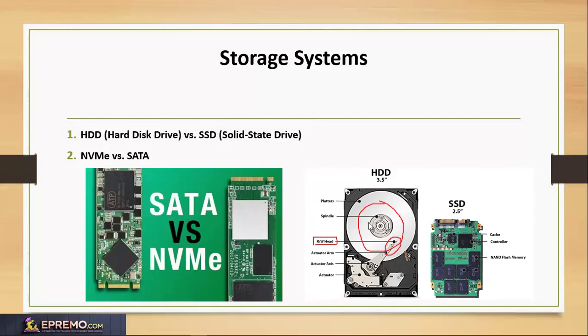But if you are trying to upgrade your old system that uses an HDD, it's easier to upgrade using a SATA SSD, because the port will be the same as that of the HDD and you can easily plug it in, right? That is why it works with almost all computers and it is universal for what? SSD upgrades. Then the use cases: it is good for general computing, boot drives, and budget SSD upgrades when extreme speed isn't necessary. Then the cost is more affordable than the NVMe SSD, making them a great balance between price and performance.